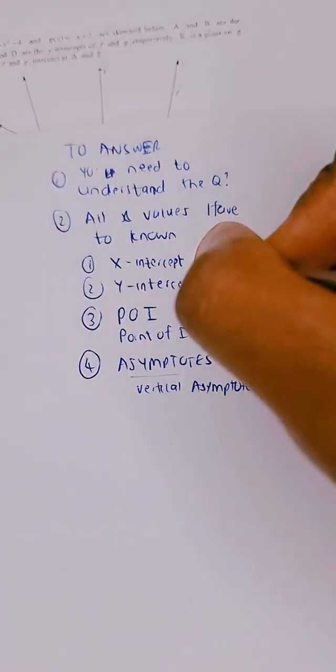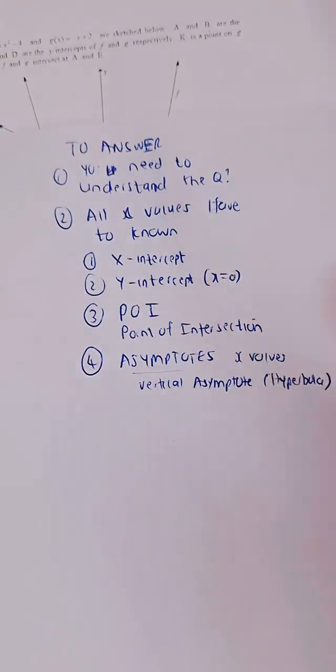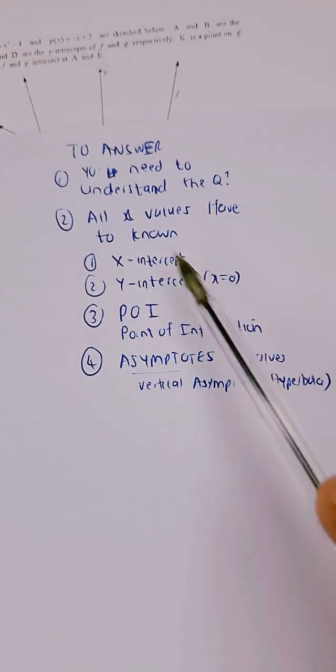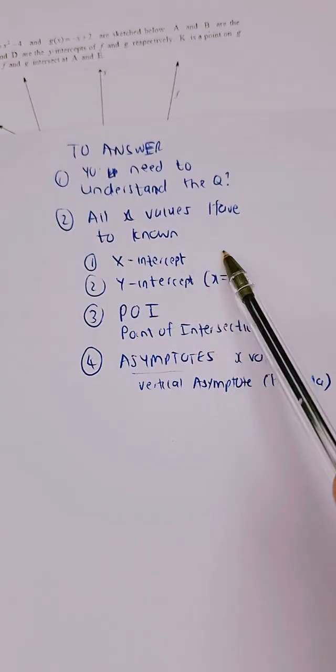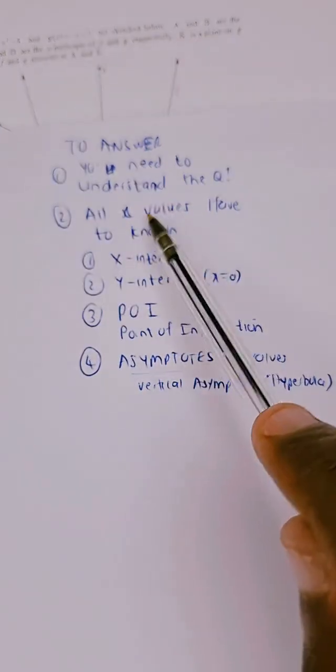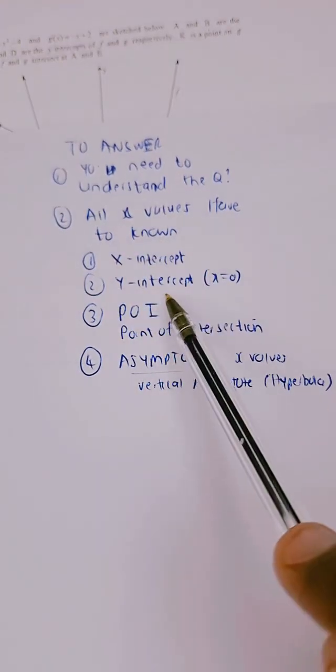So guys, you need to have all of these. You can't answer the question that I've just asked you, where is F below G, until you have resolved and you have in your diagram the x values of the x-intercept, all x values of the what?